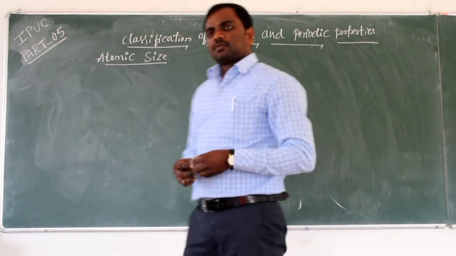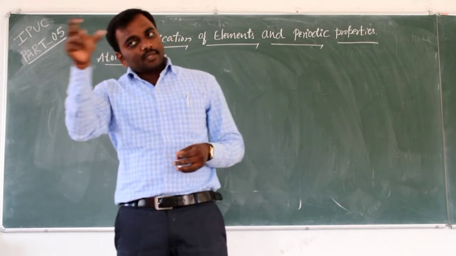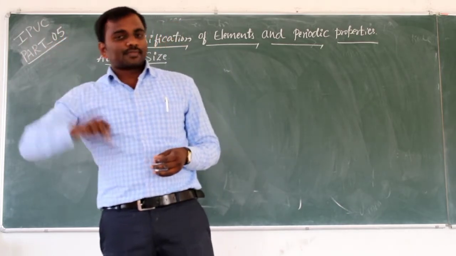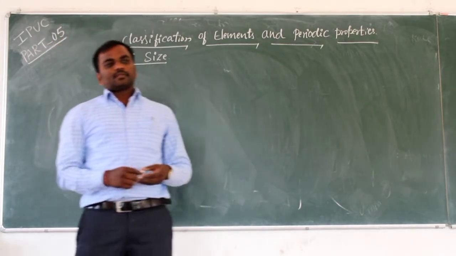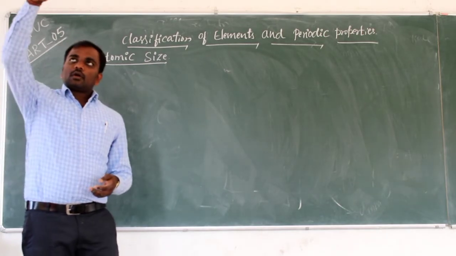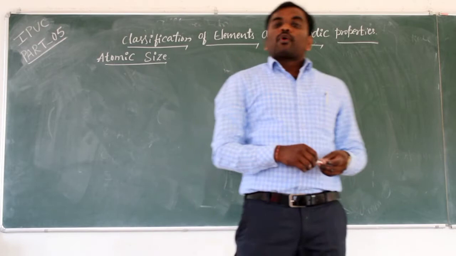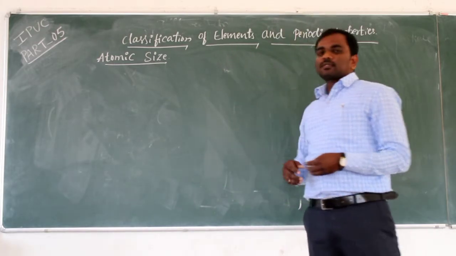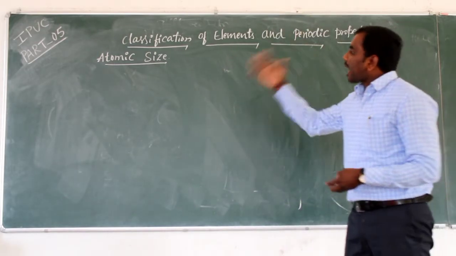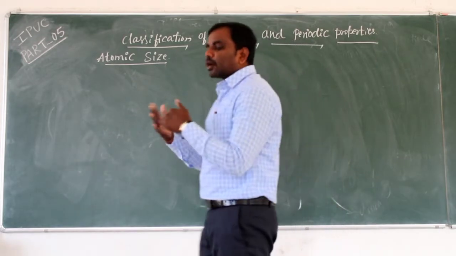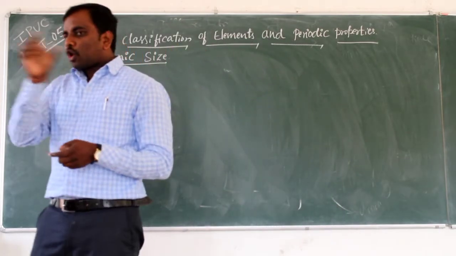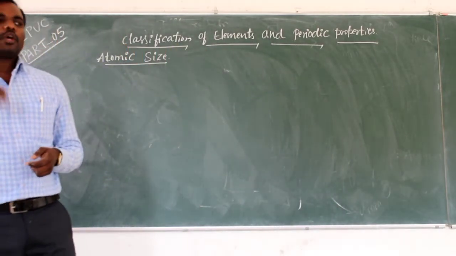Along the period means the horizontal rows, which are called periods, and down the columns, vertical columns are called groups. See what happens to atomic size along the period and down the group.